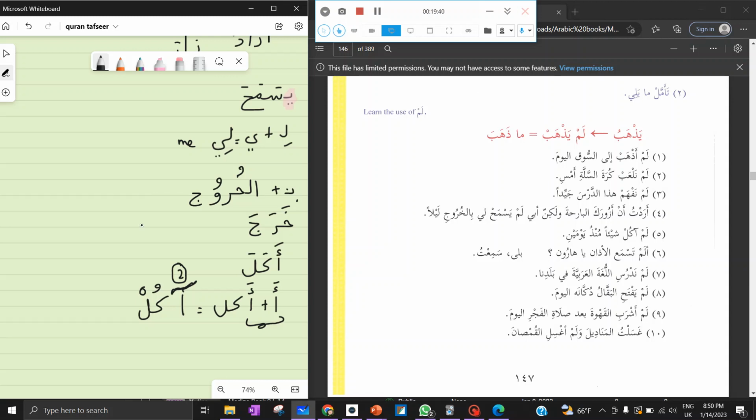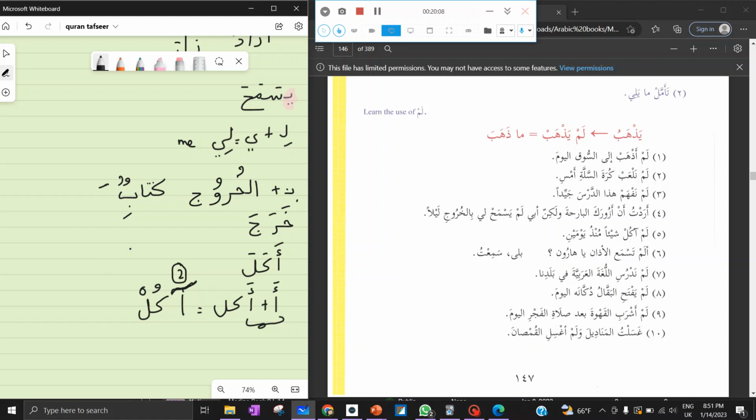Like any other noun, if I say kitab, how will you recognize that it is in marfu case? Simply you will see a dhamma over it. And if you see a fatha, that means it is in mansoob case. If you see a kasra, that means this noun is in majroor case. What about muthanna? You cannot decide it is marfu or mansoob or majroor simply by seeing the harakas. You will always recognize it by seeing the letters.